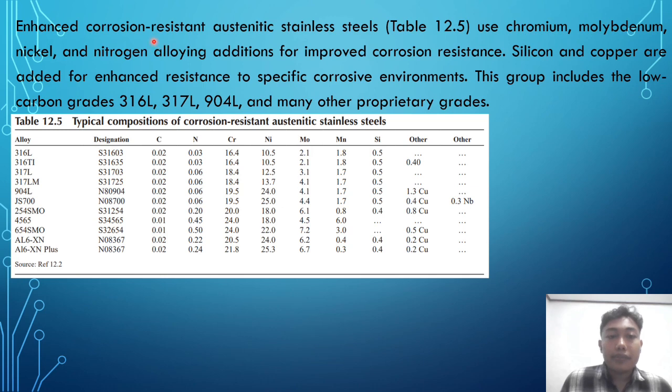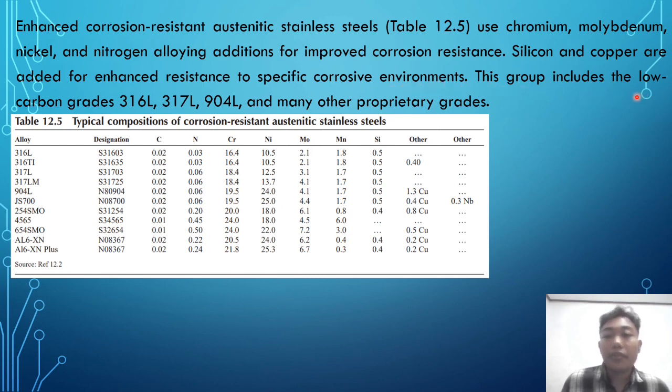Corrosion resistant austenitic stainless steel, table 12.5, uses chromium, molybdenum, nickel, and nitrogen alloy additions for improved corrosion resistance. Silicon and copper are added for improved resistance to specific corrosion environments.